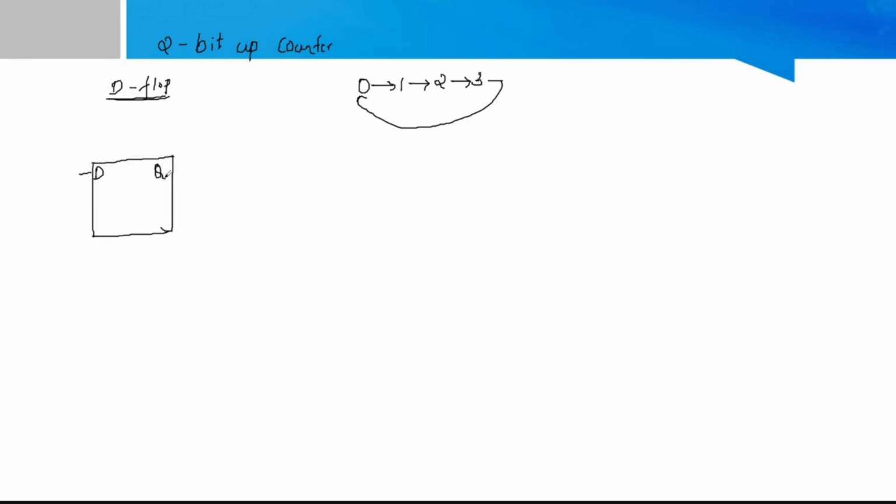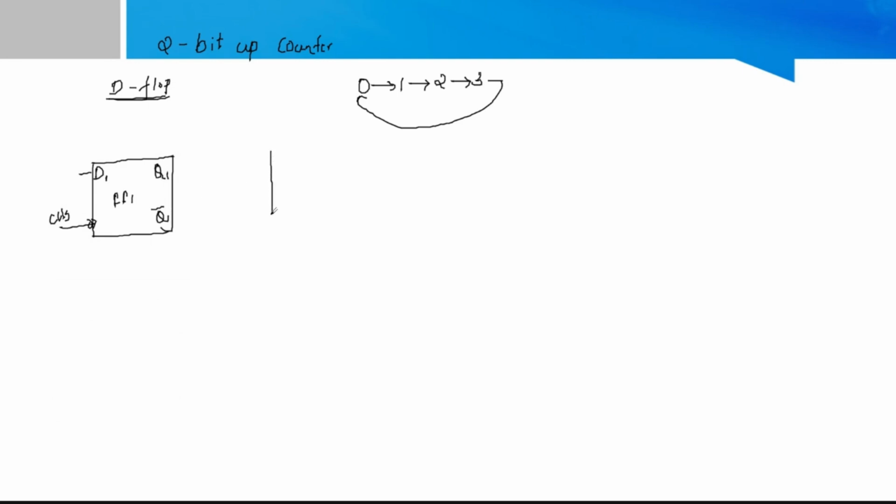Q will be the output and there will be a Q bar. And here I am taking the clock signal. This will be the clock signal. This is flop 1. Consider this is D1, Q1 and Q1 bar.